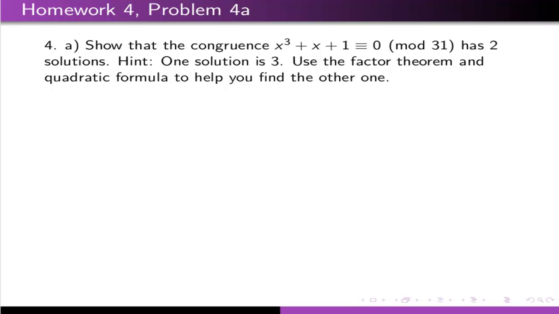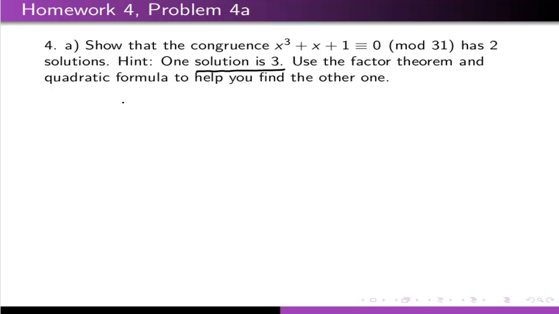Problem 4 is just a standard lifting problem. So we first of all find all of the solutions mod 31, and then in part B we're going to find solutions mod 31 squared. So I've given you that one solution is 3, 27, 30, 31.